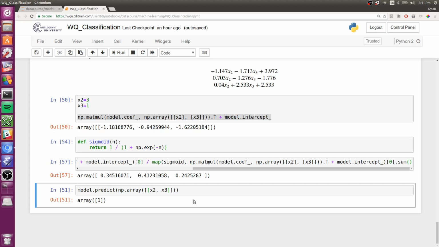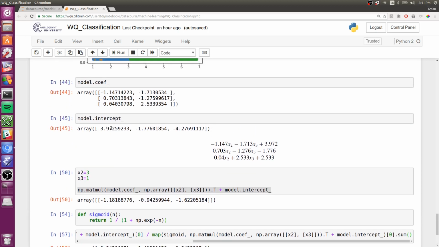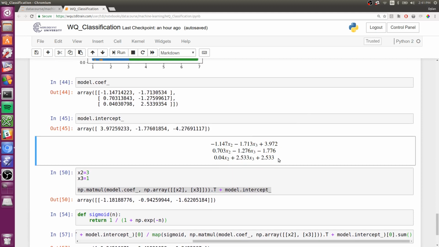So logistic regression is essentially the same as linear regression. I fit a linear model that then has this sigmoid or logistic function applied on top to convert the output of our linear model to probabilities.